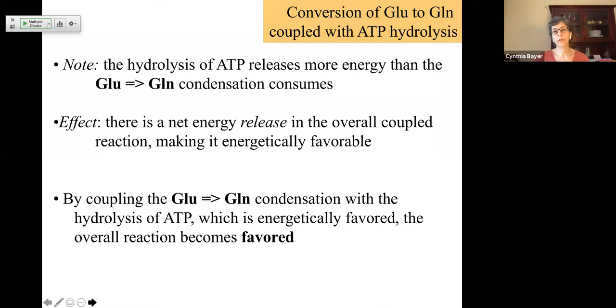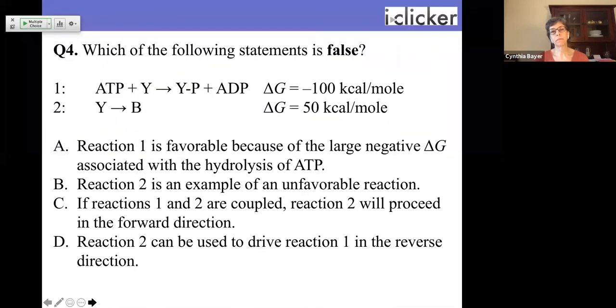So let's look at a different type of an example. Here, in this question, we have two reactions. We have reaction 1, which has a delta G of minus 100 kilocalories per mole. That's the change in free energy. And we have reaction 2, Y converted to B, that has a change in free energy of 50 kilocalories per mole.